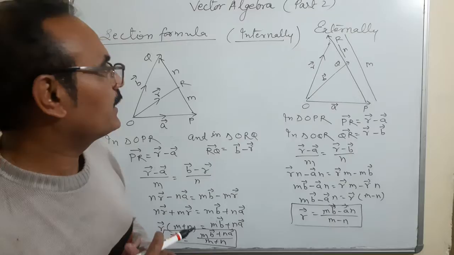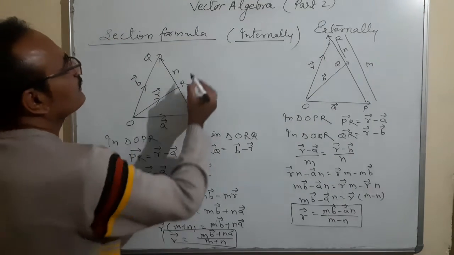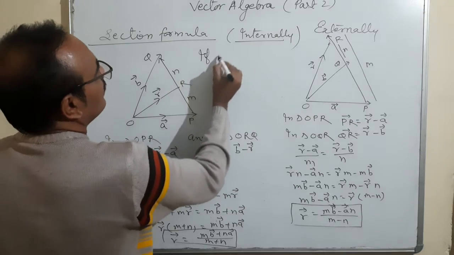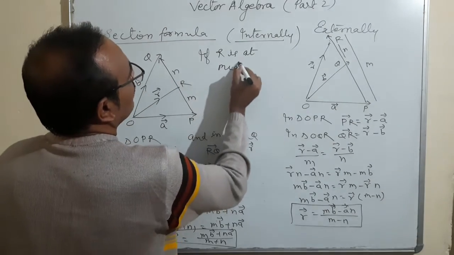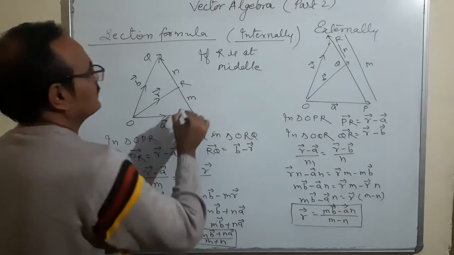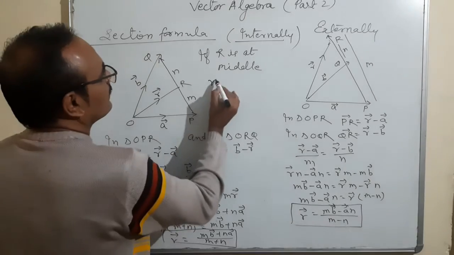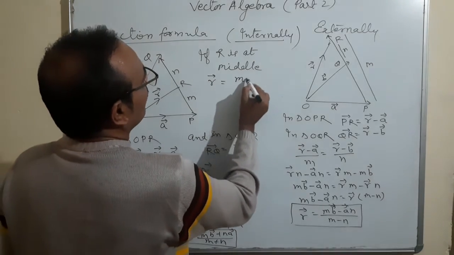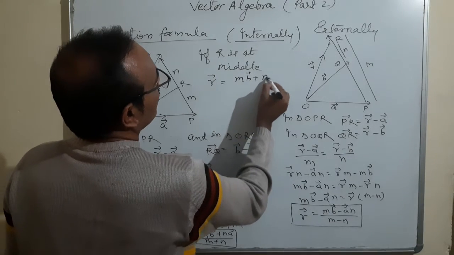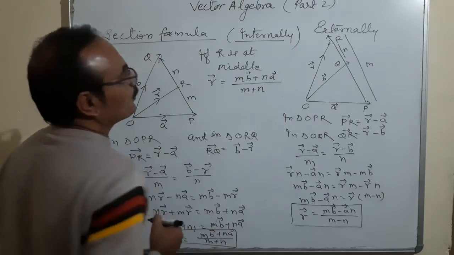One more concept in it, that is midpoint. If R is at middle, then what happens? If R is at middle, then let us see this. Vector R is equal to M vector B plus N vector A upon M plus N. Is it okay?